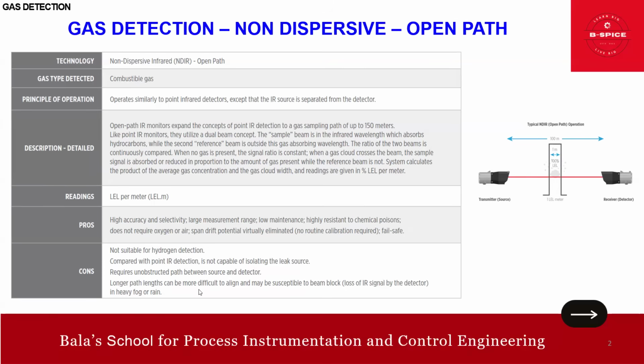A longer path can be more difficult to align and may be susceptible to beam block. If anything is blocked here, it will result in the loss of IR signal, and it will not work. Also, in heavy fog or rain, this may not be suitable, friends.